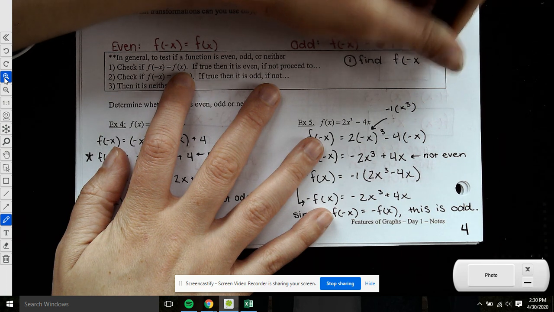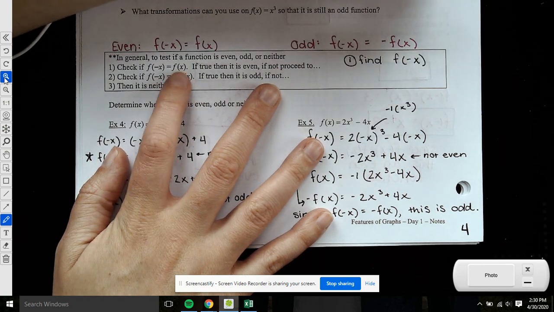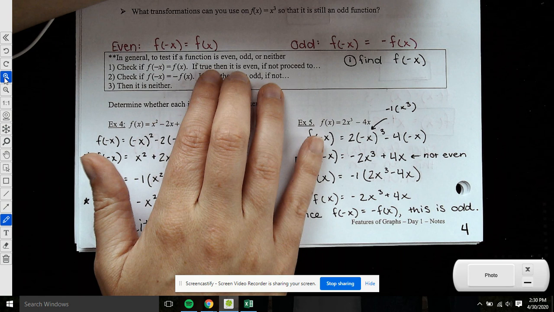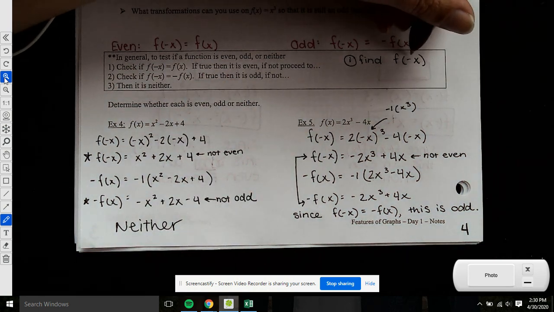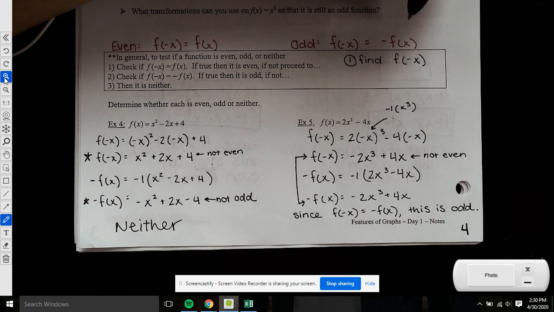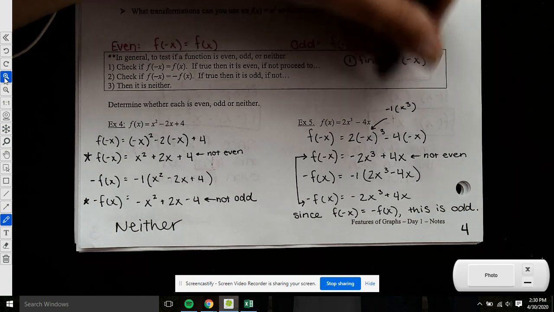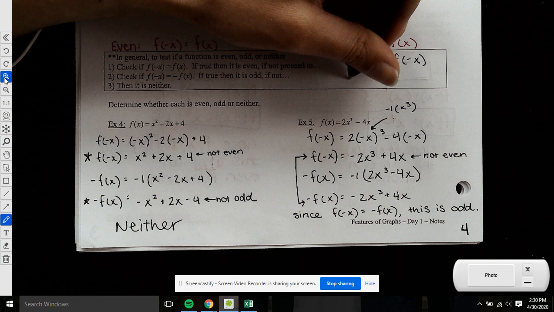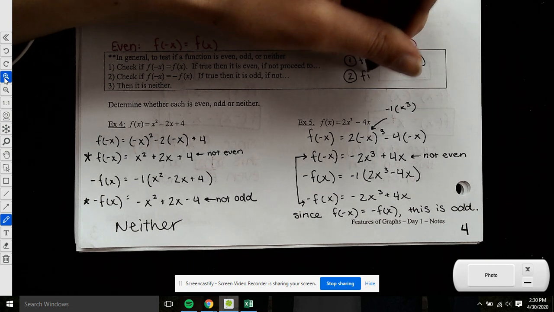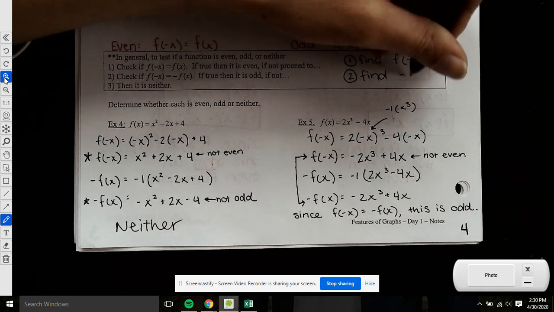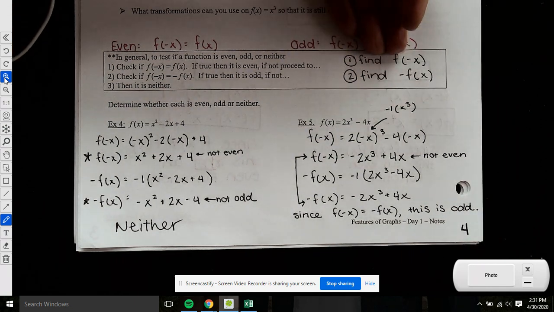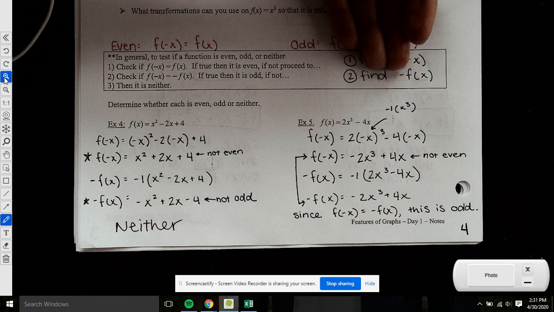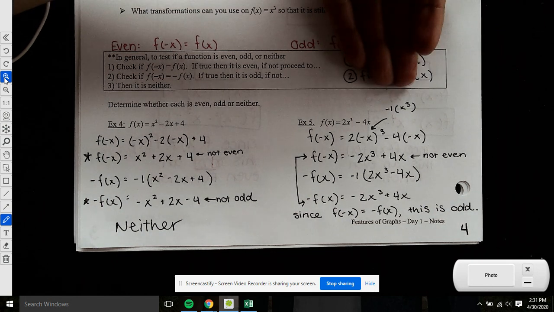If you find f of negative x and it's equal to the original, that would make it even. If that doesn't get you anywhere, then step 2 is to find negative f of x. So first you check if it's even, then you check if it's odd, and if neither of those work out, then it's neither.